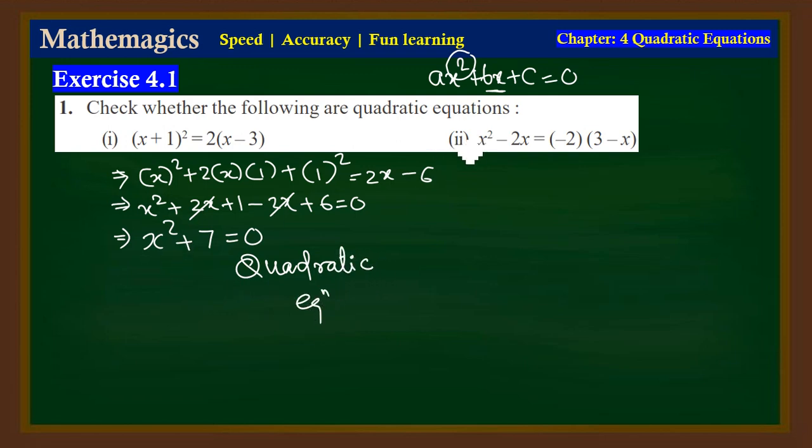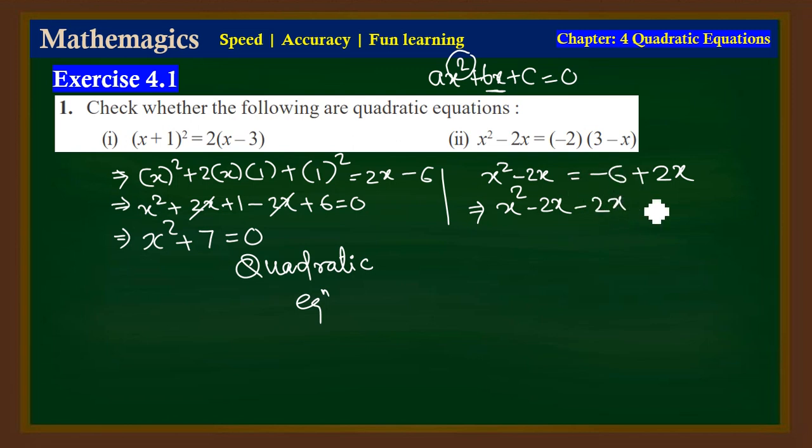Now the second one is also given, so let us try to solve it. So this is x square minus 2x is equal to minus 2 threes are minus 6, minus into minus becomes plus, 2 into x becomes 2x. So let us keep all of this on the left hand side only. So that is going to be x square minus 2x, this plus 2x will come, again this becomes minus 2x, minus 6 will come, that will become plus 6, and finally nothing is remaining, that's why RHS is equal to 0.